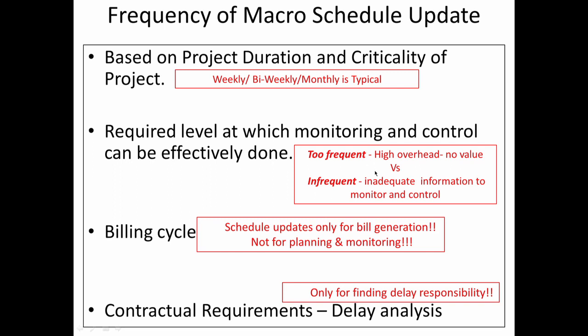We discussed that being too frequent doesn't necessarily give better control, because of the overhead that's required, and all of this certainly depends on the needs of the project. Like we discussed in the last class, if there is a critical shutdown project, I might have to monitor the progress hourly, because the criticality of the project mandates that kind of requirement.